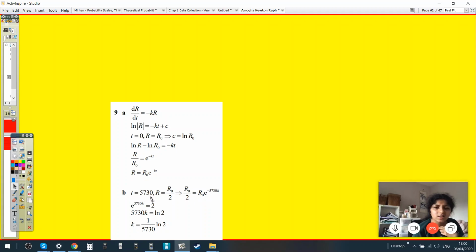They said C equals ln R0. Oh, there's a C. I'm confused. Which bit? The first part, because I know what they did. So ln r is ln that. Time is 0, so c is ln r naught.